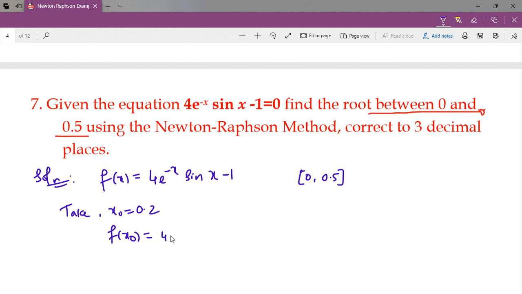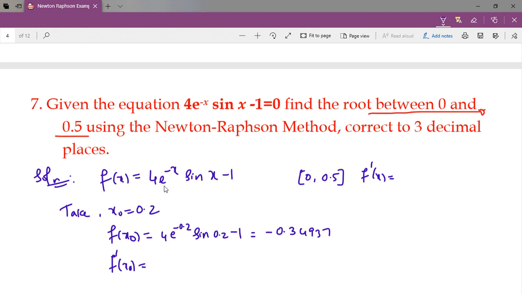So then what is f of x naught value? That is 4 into e power minus 0.2 sin 0.2 minus 1. So this gives you minus 0.34937 and f dash of x naught. What is f dash of x naught? So differentiate this function.